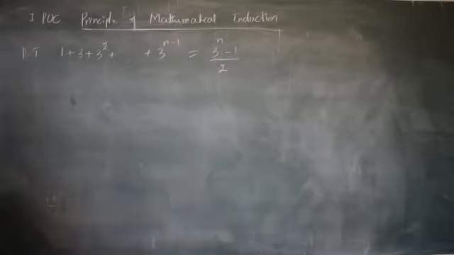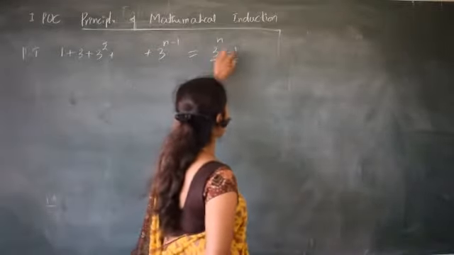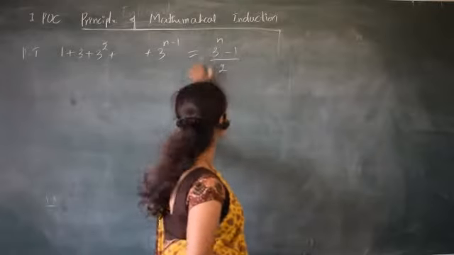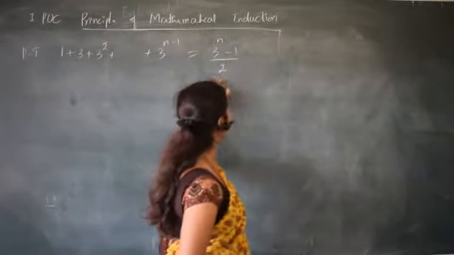Prove that 1 plus 3 plus 3 square, and so on up to 3 to the power n minus 1, is equal to 3 to the power n minus 1 divided by 2. There is a difference: here the power is n minus 1, and here the power is n, minus 1, divided by 2.